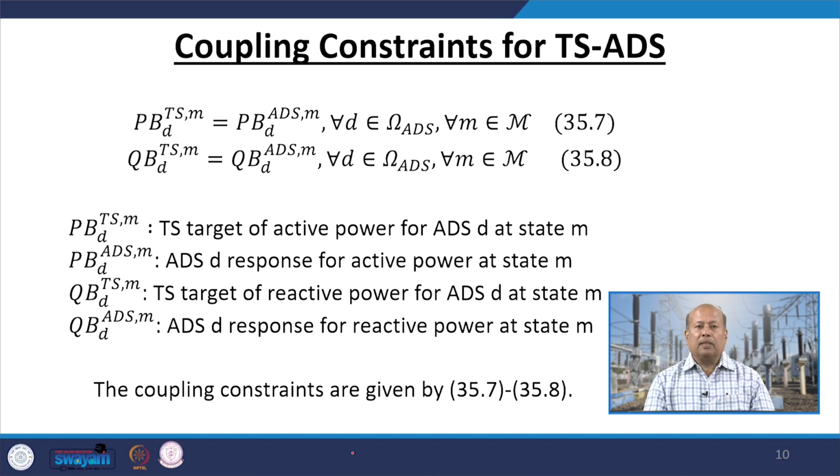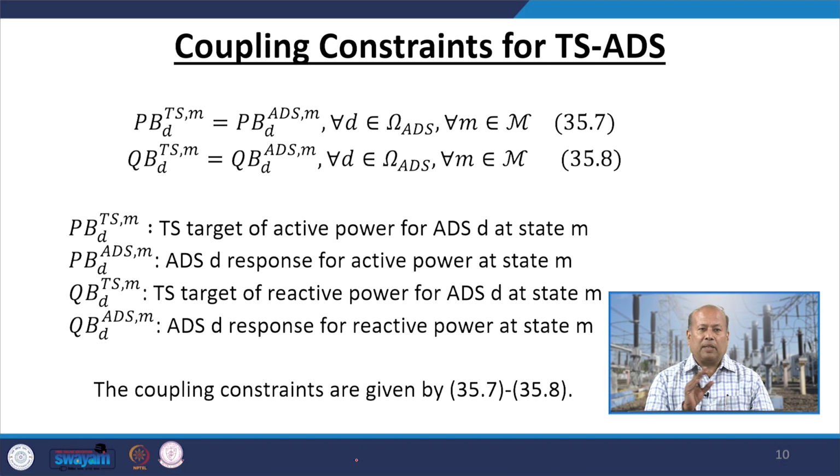PB TS represents the TS target of active power for the active distribution system at state M, and PB ADS defines the ADS response for active power at state M. Q is the TS target for reactive power of ADS, and QB ADS is the response for reactive power of the state.